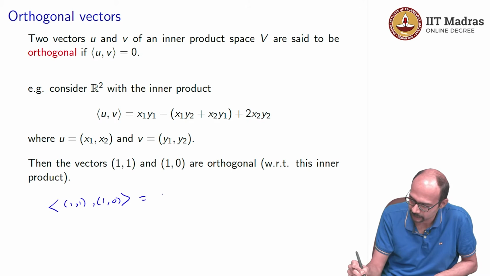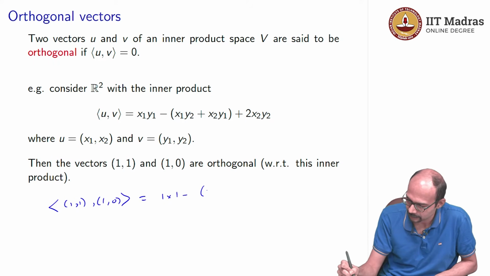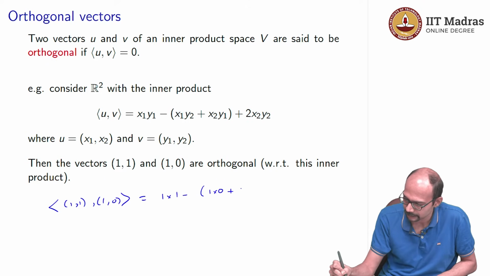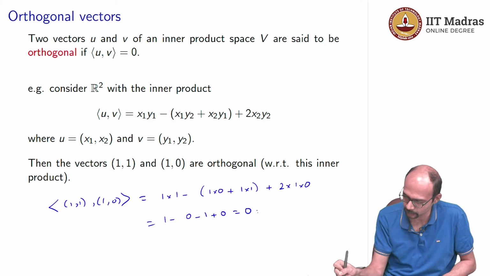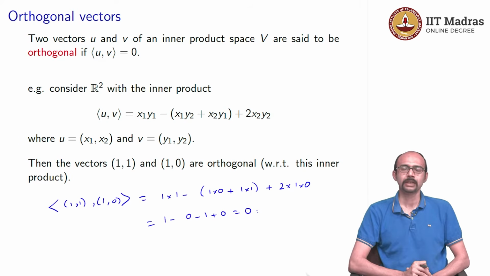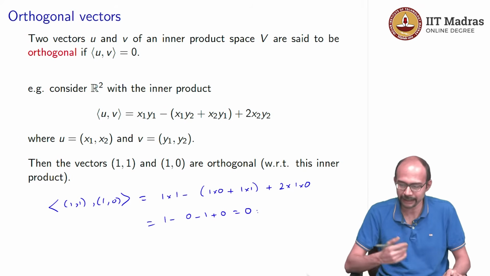We get 1 times 1 minus 1 times 0 minus 1 times 1 plus 2 times 1 times 0, which is 1 minus 0 minus 1 plus 0. So this is 0. The inner product is 0, and that is why these vectors are orthogonal by definition.